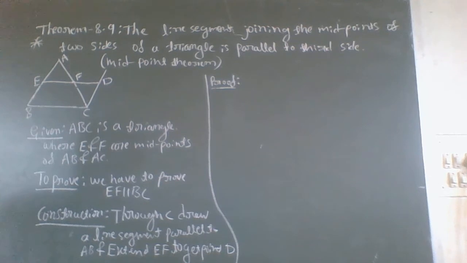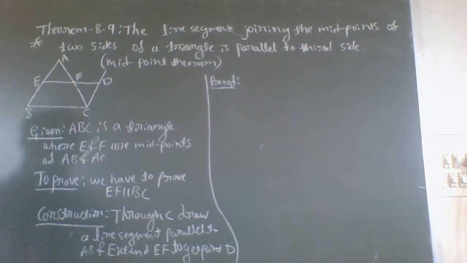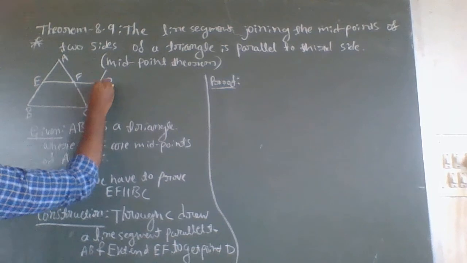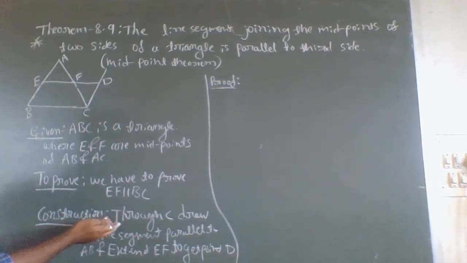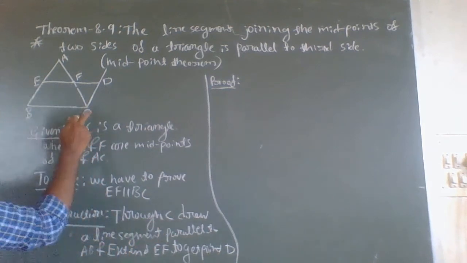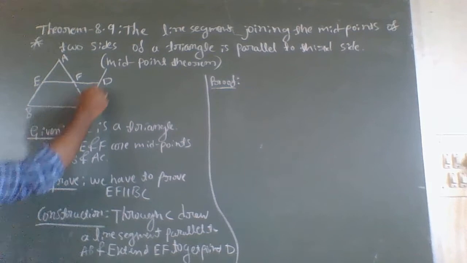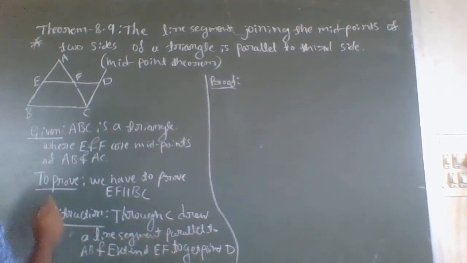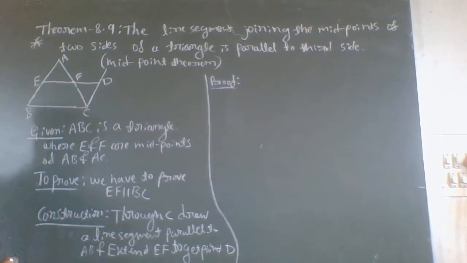Now, to prove that, by construction, we know that CD is parallel to AB. Why? Through C, we drew a line segment parallel to AB. Therefore, this CD is parallel to EB by construction.